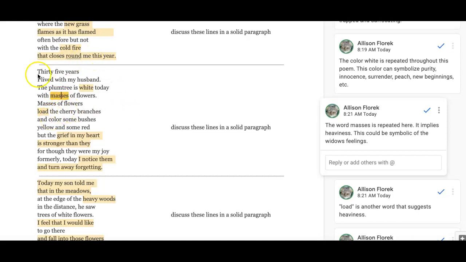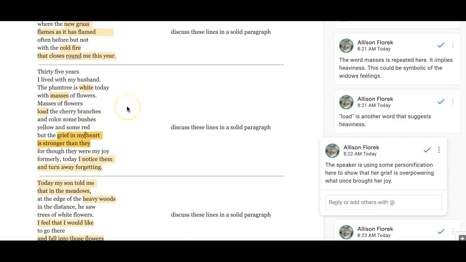So again, think of how the woman in the poem used to view flowers. And again, we talked about how it seems that the flowers used to bring her joy, and now how she feels about the flowers. And why then would she have used these terms that convey a sense of heaviness? So again, look at the language and how it might convey her feelings.